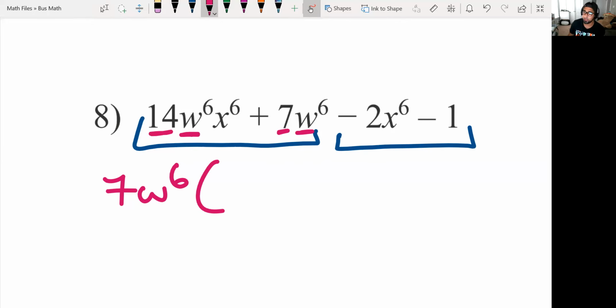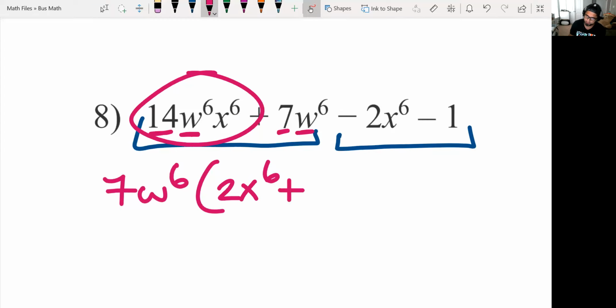And now 7W to the 6th from 14W to the 6th, X to the 6th. 7 from 14 is 2. W to the 6th from W to the 6th, cancel. And you're left with 2x to the 6th. Plus 7w to the 6th from 7w to the 6th. You are taking that from itself.